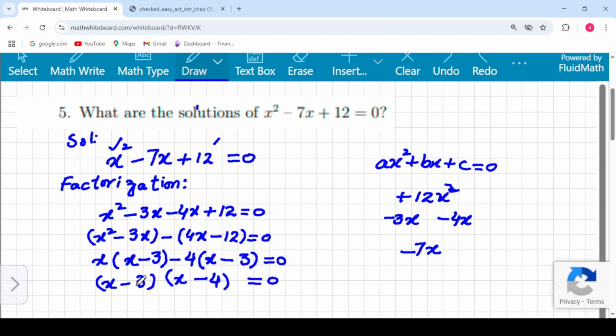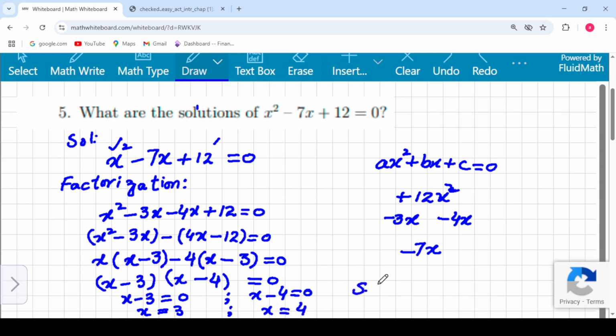So now the product of these two factors equals 0, it means x minus 3 may be equal to 0, and on the other side x minus 4 may be equal to 0. It means from here x equals 3 and from here x equals 4. So these are the two possible answers of this question.